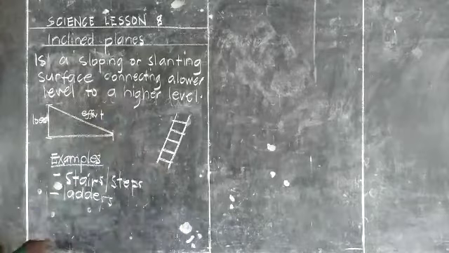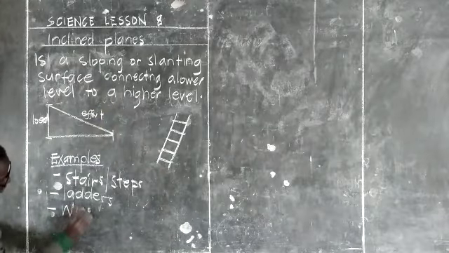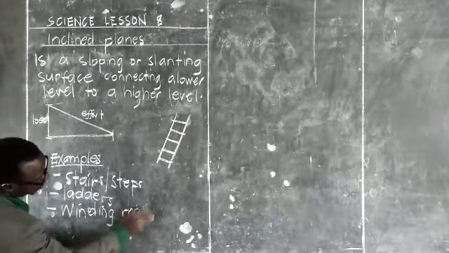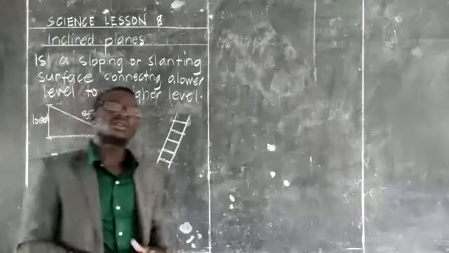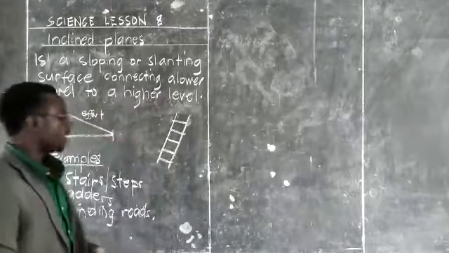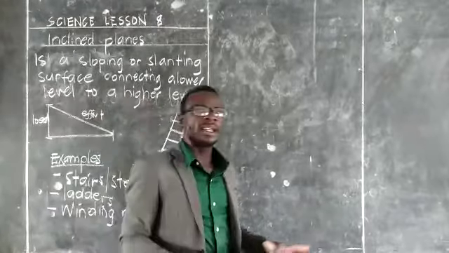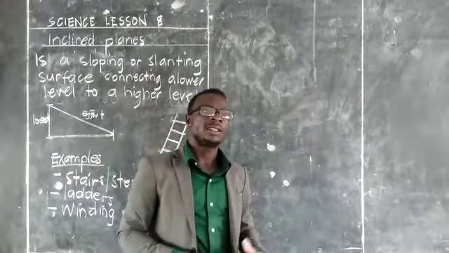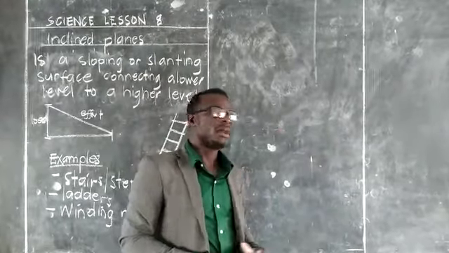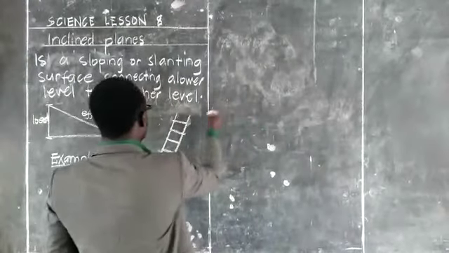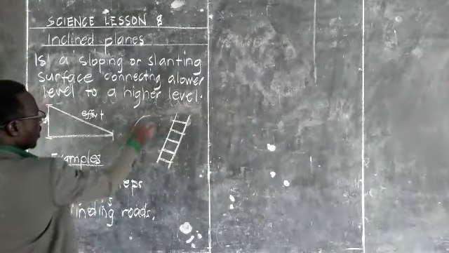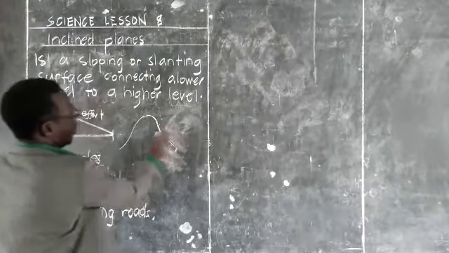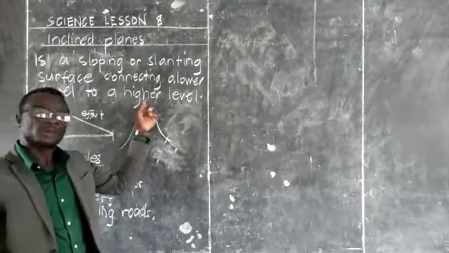We also have winding roads as examples of inclined planes. Winding roads are found on steep or hilly places. For example, you may have a place where you want to reach up there.